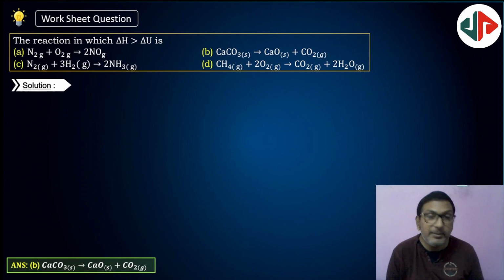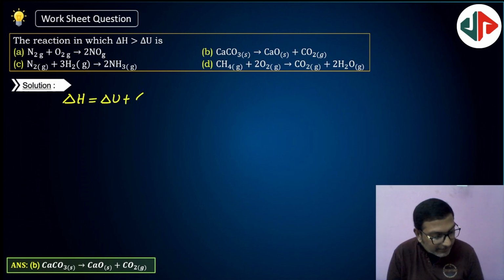The reaction in which delta H greater than delta U. So you know delta H equal to delta U plus delta Ng RT.